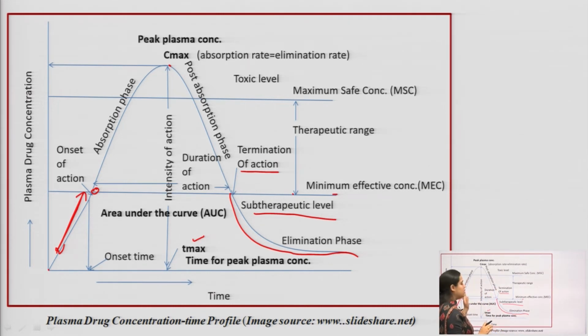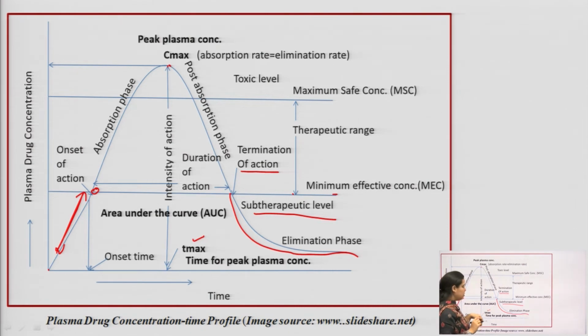So, once again I will repeat. This is basically the absorption phase, in which the drug is getting absorbed and reaching systemic circulation, and Cmax will represent the point of the highest plasma concentration of the drug.